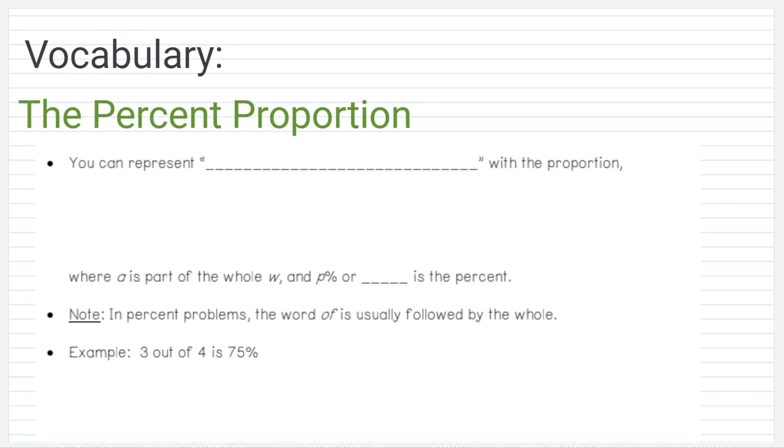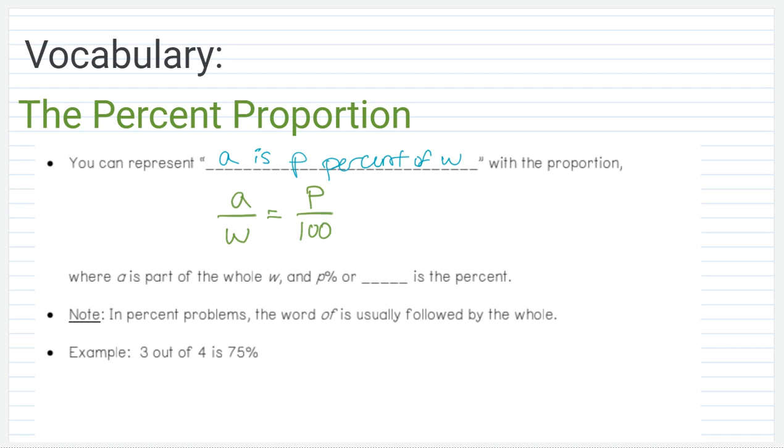So you can represent the phrase A is P% of W with the proportion, and what this proportion looks like, it is A over W equals P over 100. So remember, a proportion is an equation that states that 2 ratios are equivalent.